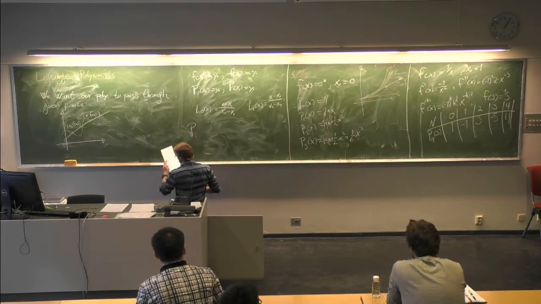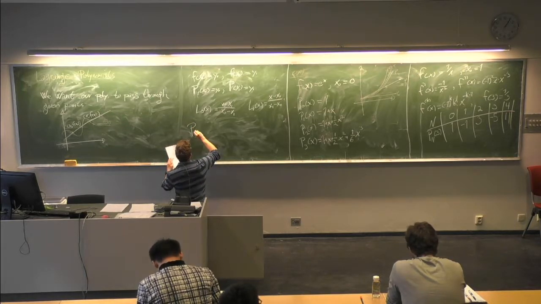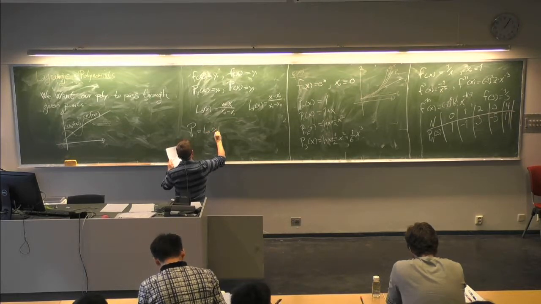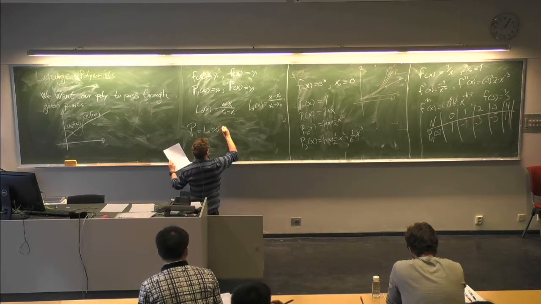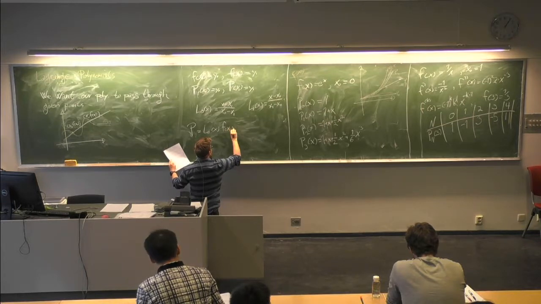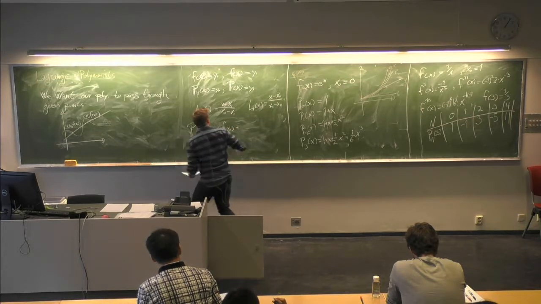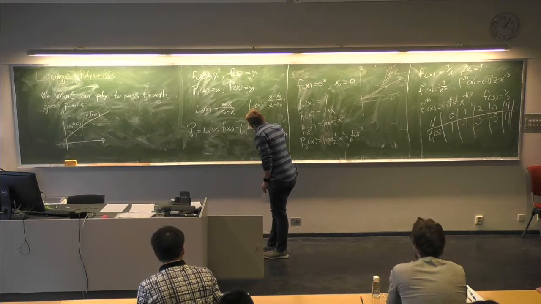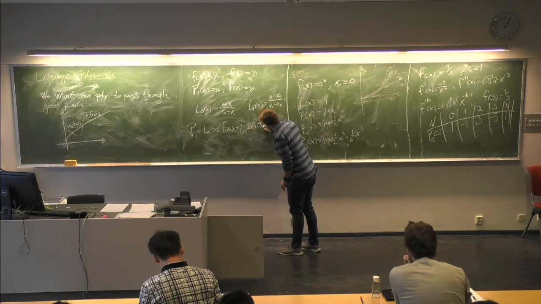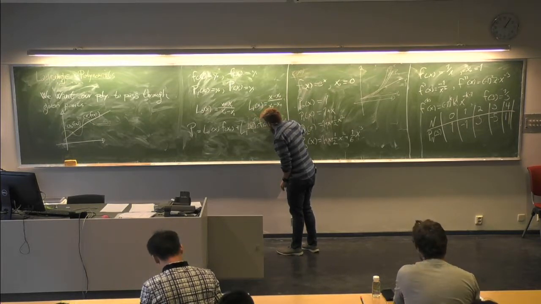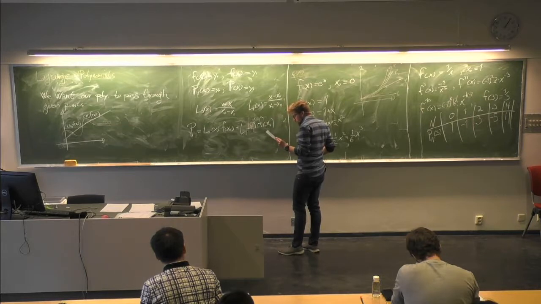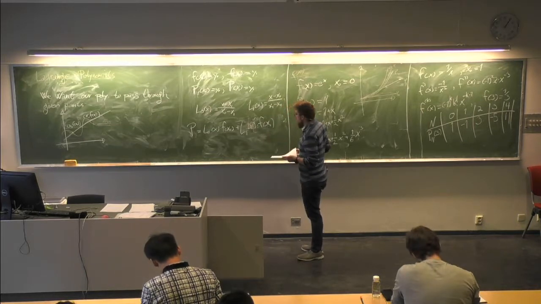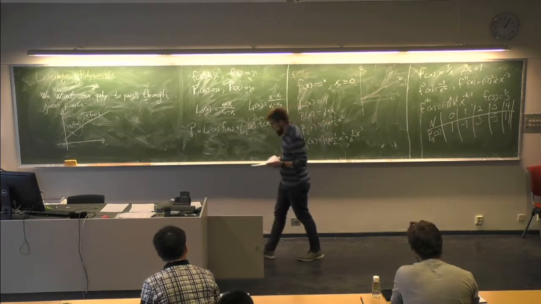We now just construct this as a weighted sum: L0 of x times f of x0, plus L1 of x times f of x1.